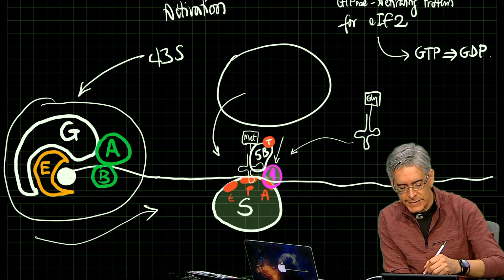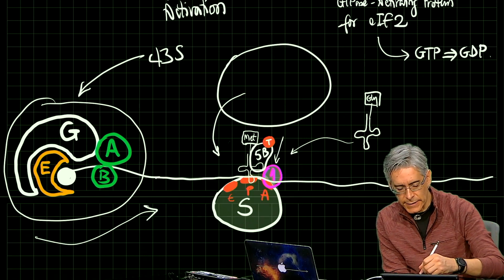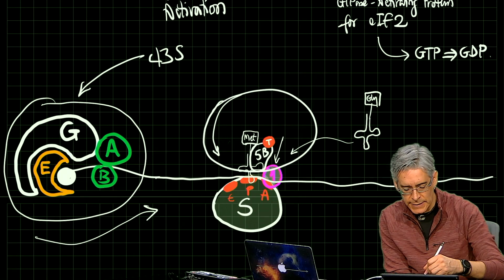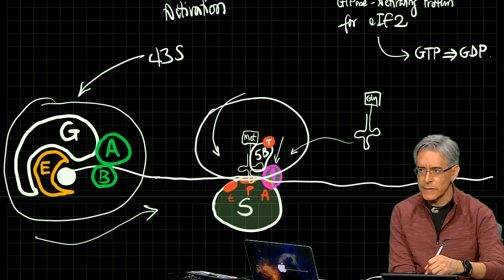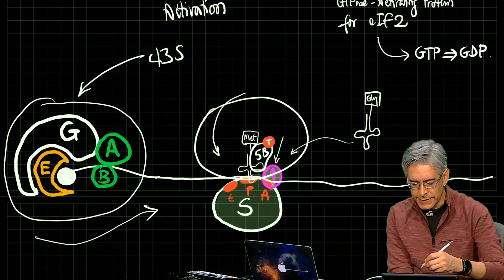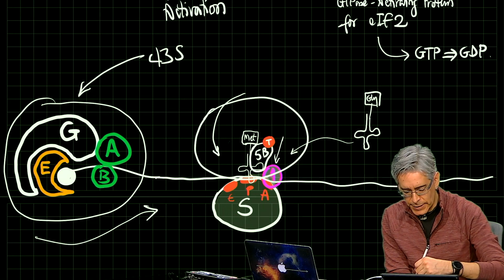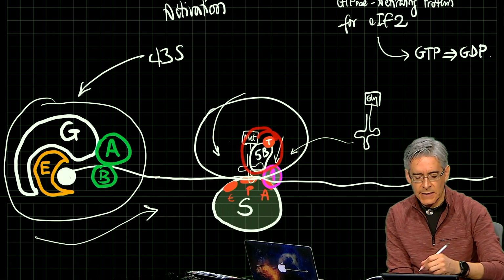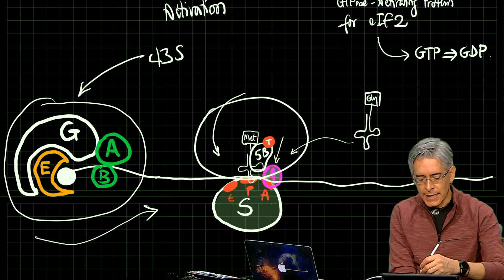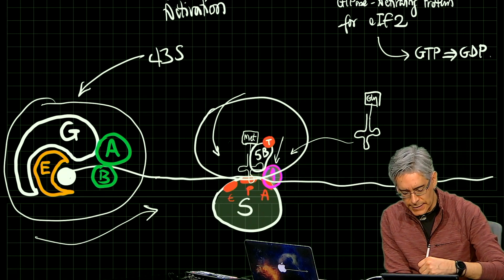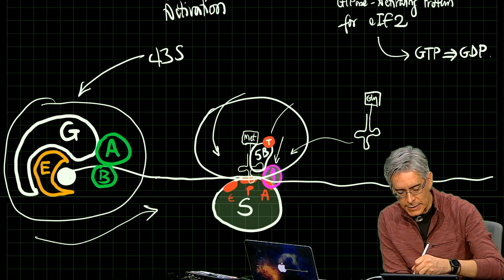So the moment that this binding takes place and you have now this large ribosomal subunit sitting on top of the small ribosomal subunit, when that happens, then the GTPase activity of 5b is triggered. And the moment that that GTPase activity is triggered, then that GTP gets turned into GDP.